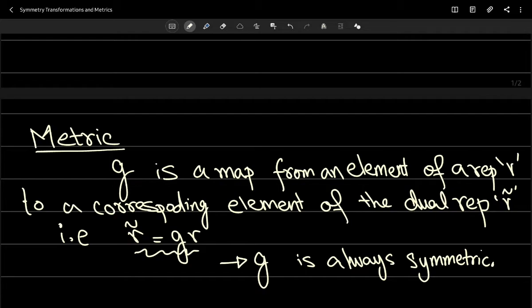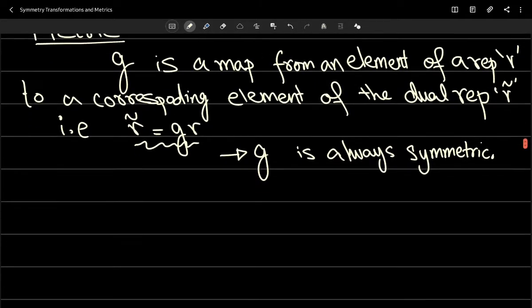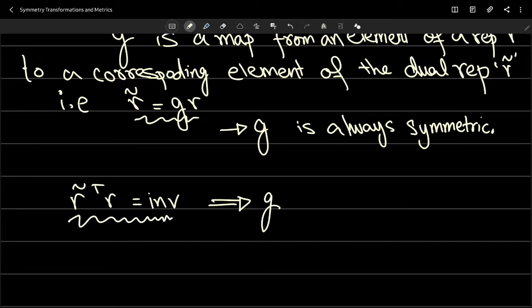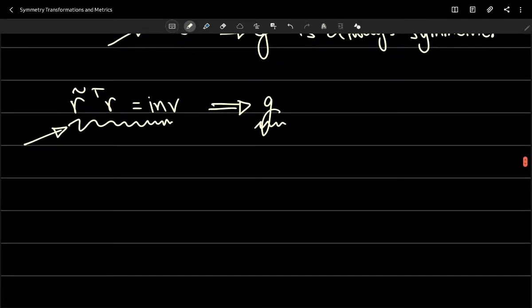Now we are going to use this definition and see what this R tilde transpose R being an invariant implies about the metric G. So this thing would have something to do with the metric G. Now we are going to use this definition and implement it in this thing over here.